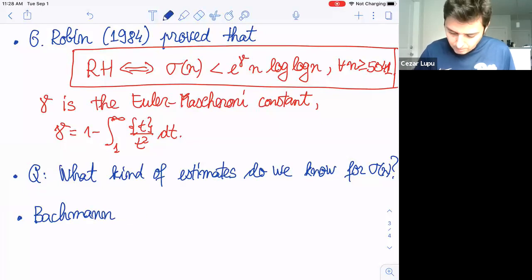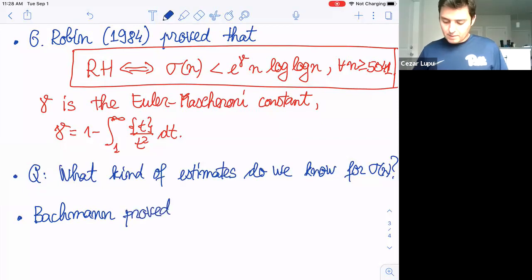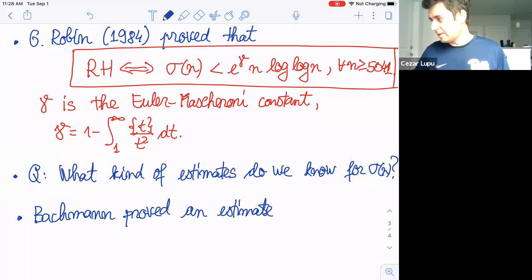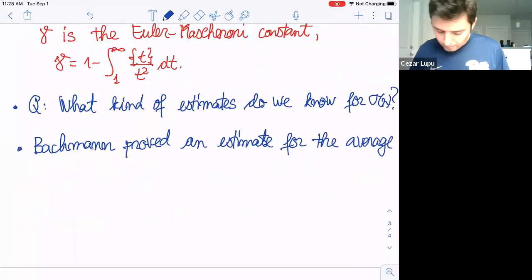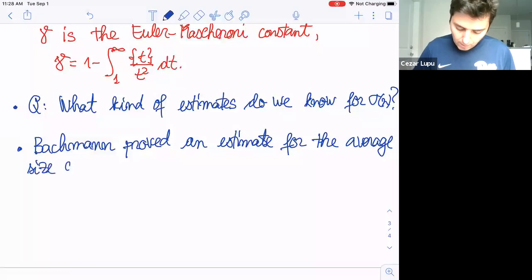Basically he gave an asymptotic estimate for the average size of sigma of n.